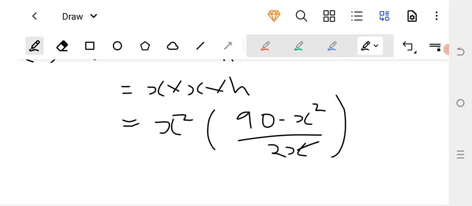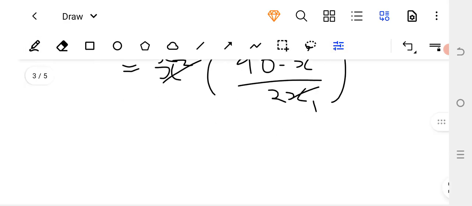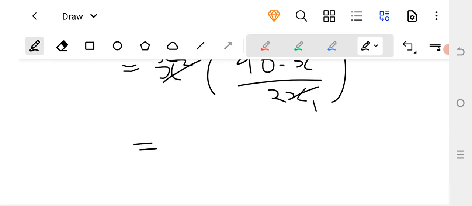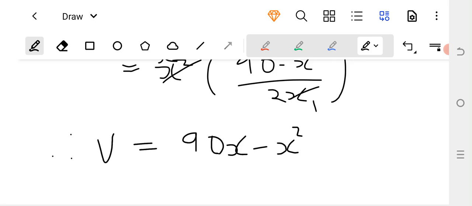So x can go into itself 1, it can go into x squared, x times. So we distribute the x in what has remained in the bracket. We are going to have 90x minus x cubed as our volume. So therefore volume is equal to 90x minus x cubed.